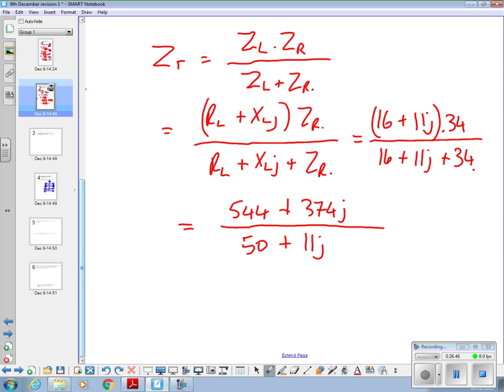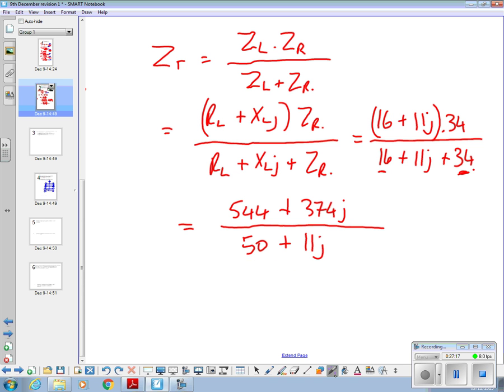You can add these together. We've got two real parts, just add them together, and add all the imaginary parts together as well. So we've got a 34 and a 16, the real parts.